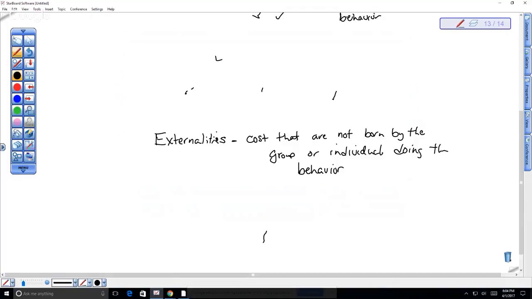So if we use the example of logging, okay, we could look at one of the externalities. A company might pay for the wood and might pay for the people to go in and cut the wood, right? And may pay for the extraction of the wood. But an externality is a cost. And so an example of this would be erosion. So this is just an example.